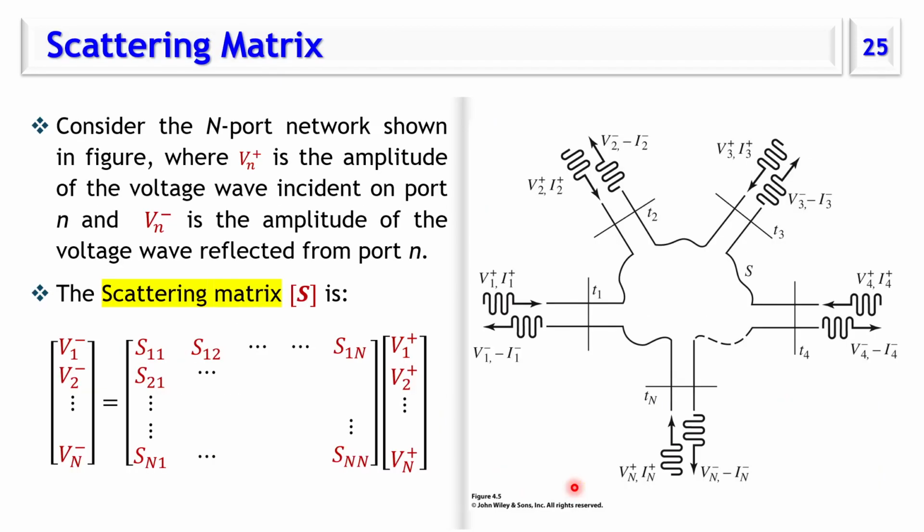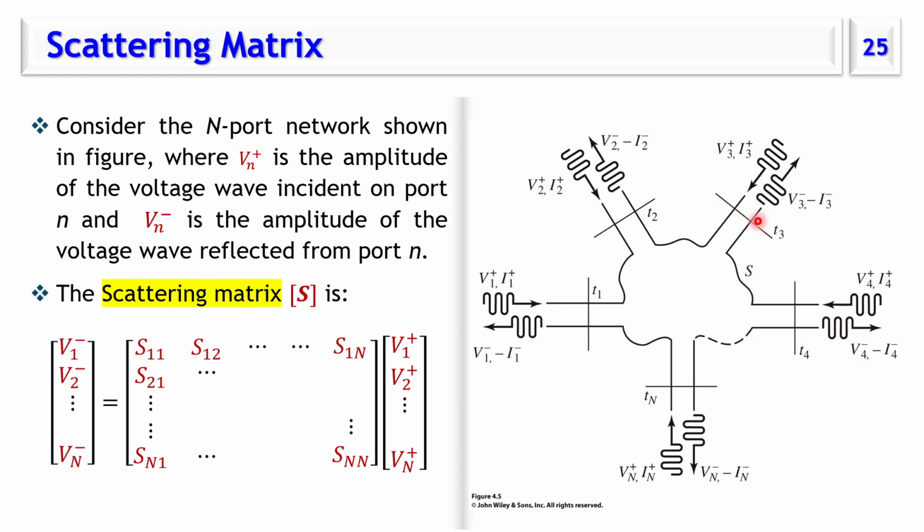So what is the scattering matrix? Again, we're going to deal with our N-port network, and the scattering matrix relates the incident wave, positive, going into the port, and the reflected wave, negative, going out of the port, for the N ports.